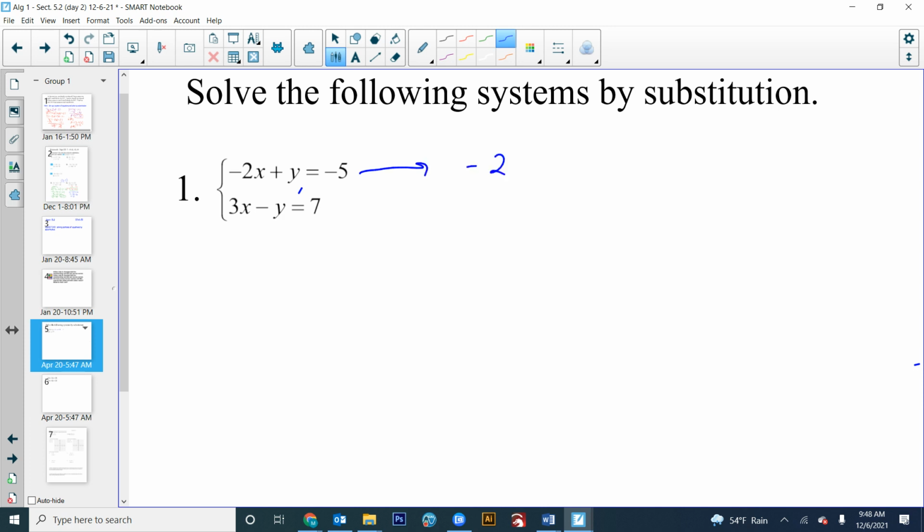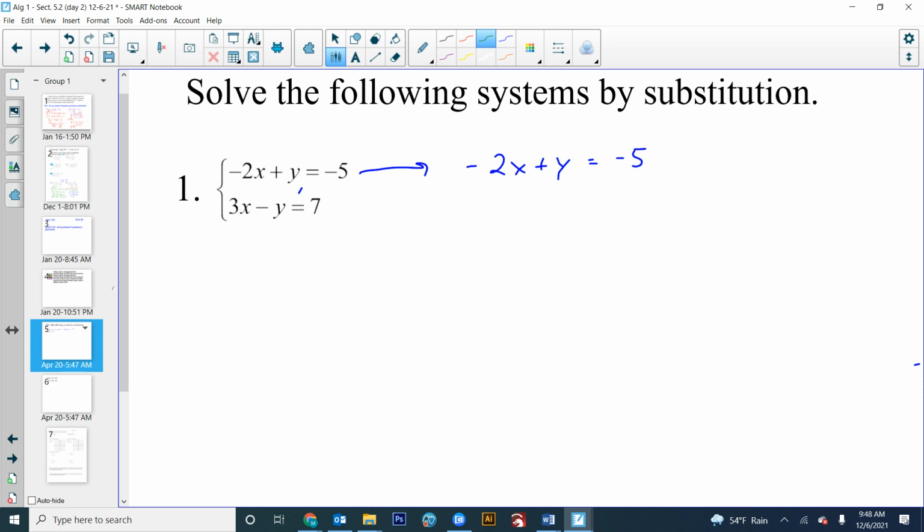I'm going to rewrite it. Evan, what should I do to get y by itself? If negative 2x were being multiplied to y, I would agree you would divide, because multiplication and division undo each other. But it's being added, right?